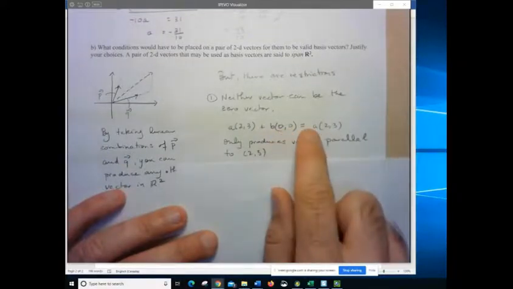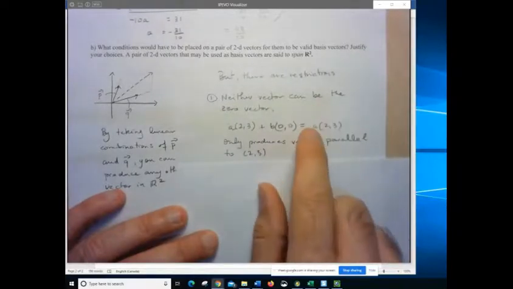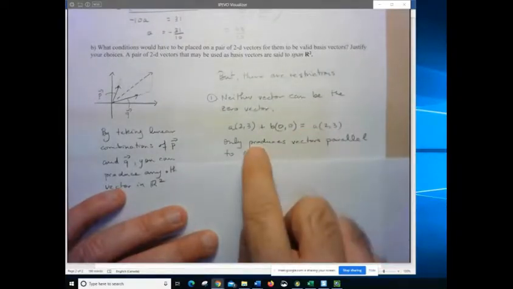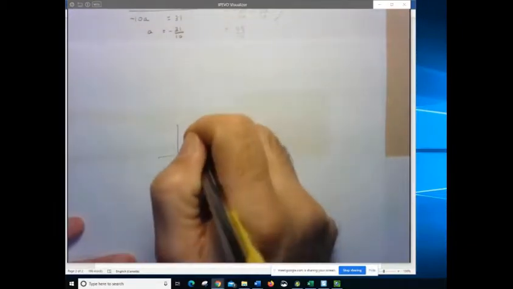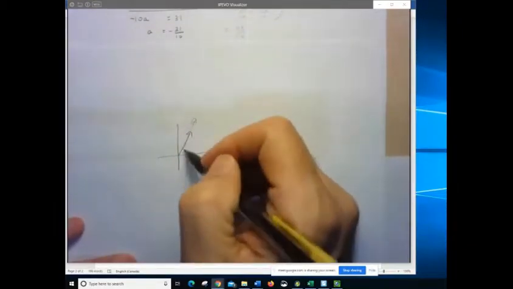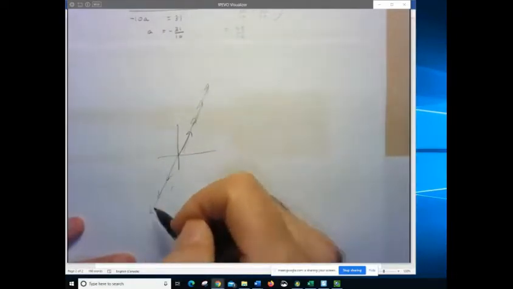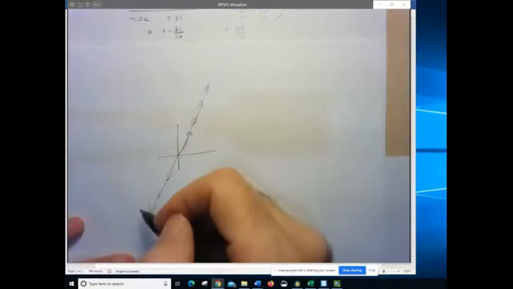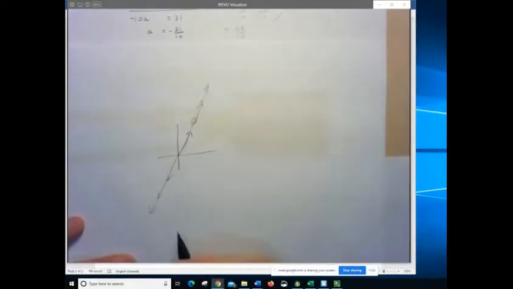I just end up with A times (2, 3), meaning I just end up with vectors that are parallel to (2, 3). So think about what vectors are parallel to (2, 3). Well, it would be this vector and this vector and this vector, or if the multiple is negative, and you realize that all you're getting are vectors in this one direction. There's no way I could generate that vector using just (2, 3).